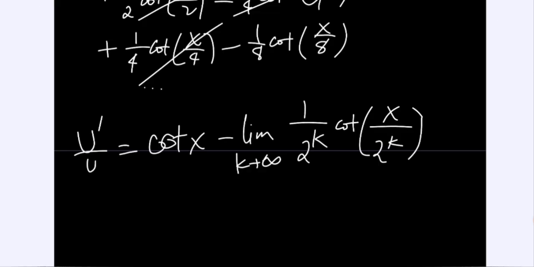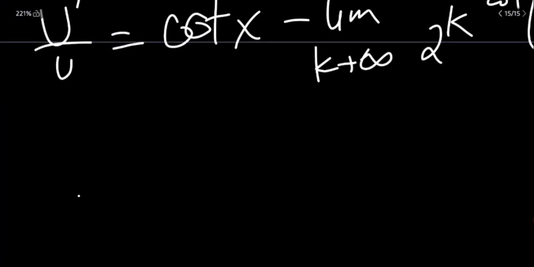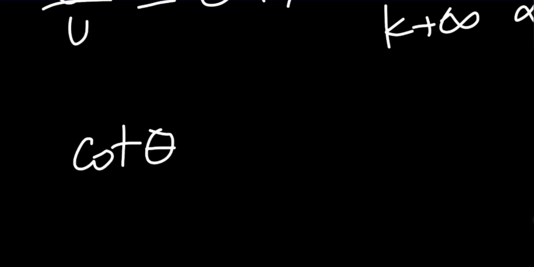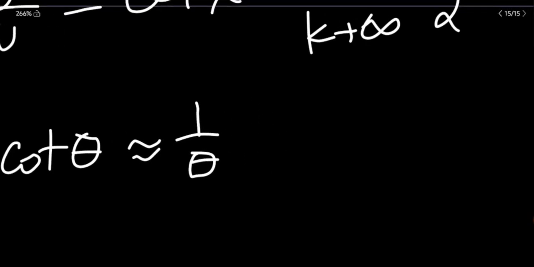But what is that limit? You could use L'Hopital's, I think, but we will use this fact that cotangent theta is approximately 1 over theta as theta approaches 0.